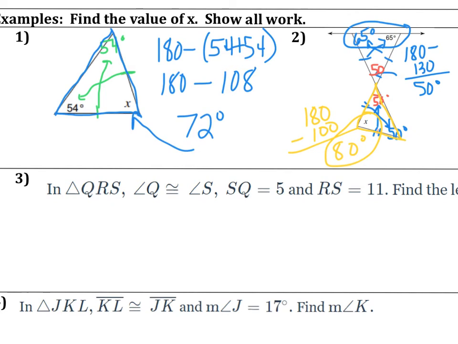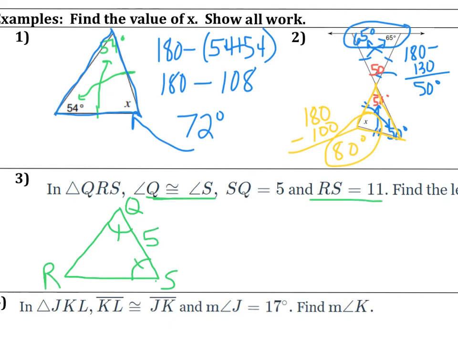In number 3, we're going to need to draw a picture to help us out with solving. It says in triangle QRS, so I'm going to draw QRS. It tells me that angle Q is congruent to angle S. So I'm going to mark that in the diagram. So important to mark everything you're given. SQ equals 5. That means the length from S to Q is 5.